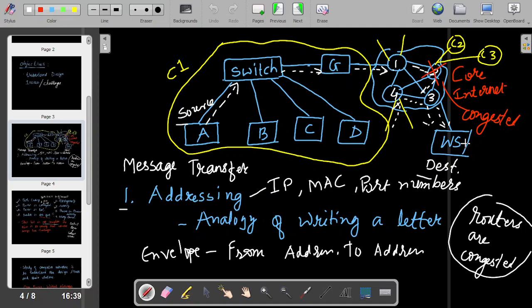And these days, when we do monetary transactions on the internet, secrecy or security has become very important. So how to provide secrecy of messages is also an issue. Security itself is a separate domain and secrecy is just one aspect.